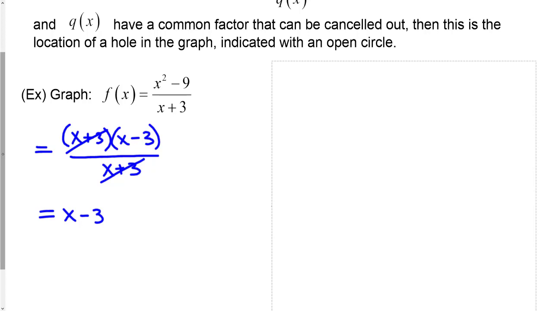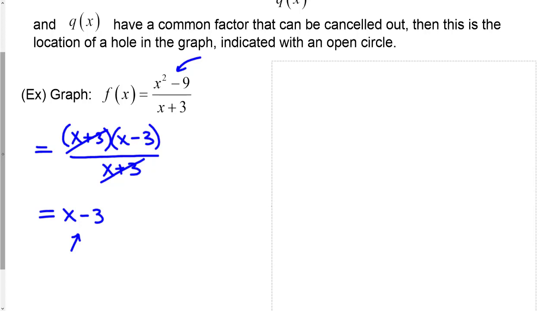So for instance, my original function here, if I put x equals negative 3 in, that is undefined. It doesn't have any number because you get division by 0. But if I put negative 3 in down here, negative 3 minus 3 is negative 6. So they don't agree at that one particular point. They will agree at every other point, but at that one particular point, they don't.